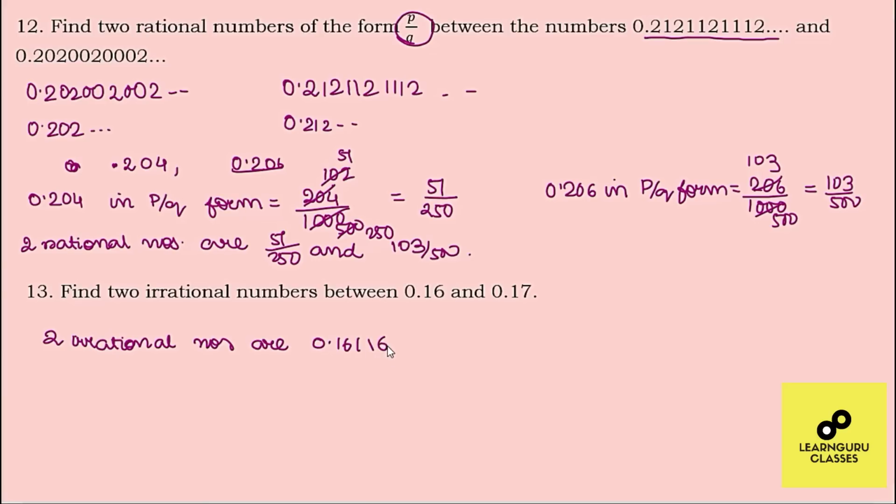Okay, and another number is 0.1623, 1622, 33, 2221. So this is also a non-terminating, non-repeating decimal expansion.